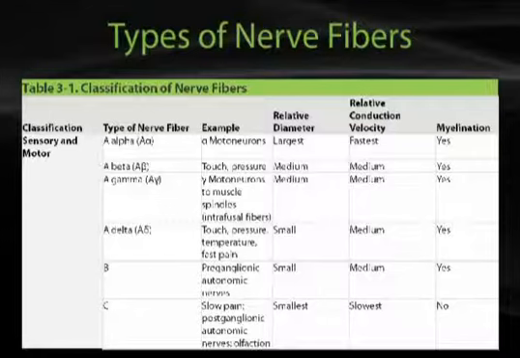It also goes in order from myelination, which is all nerve fibers except type C, which has no myelination. In the first column is the type of nerve fiber, and the second column is an example of types of neurons and types of sensory information that is conducted by each nerve fiber.